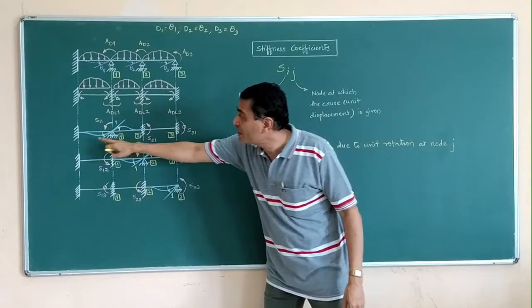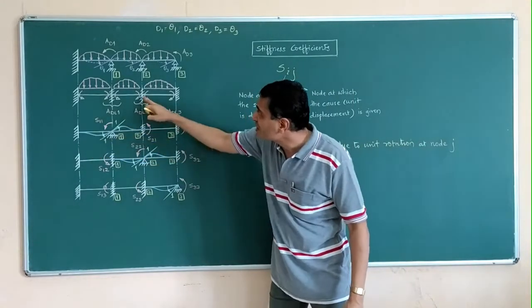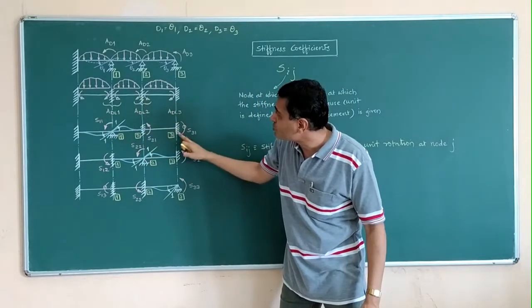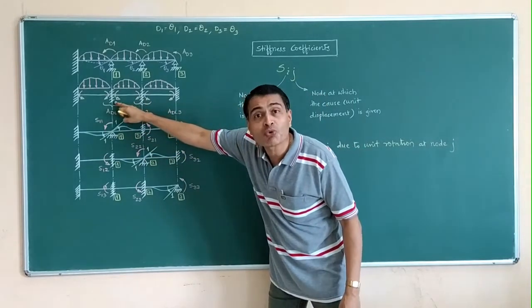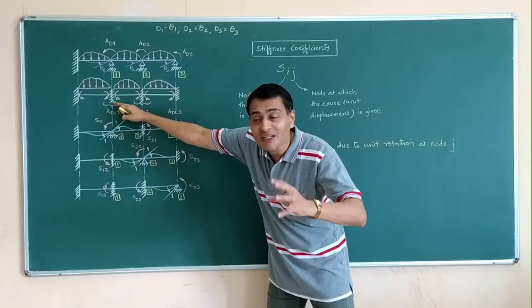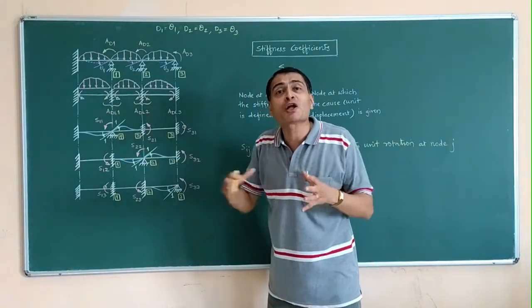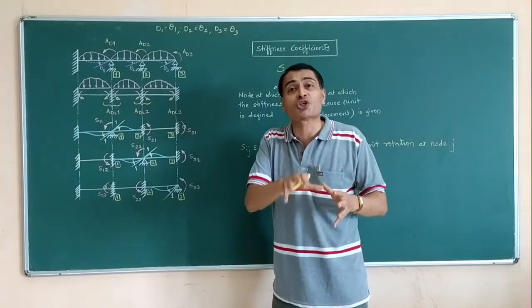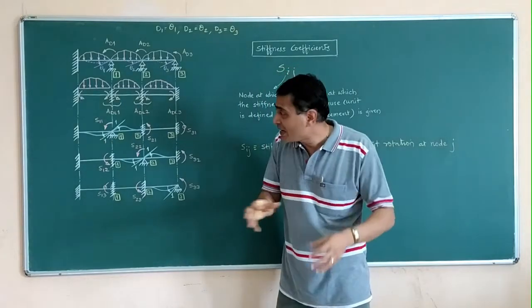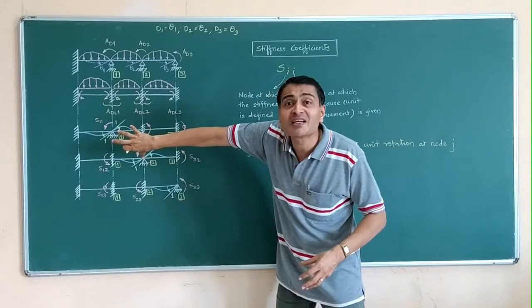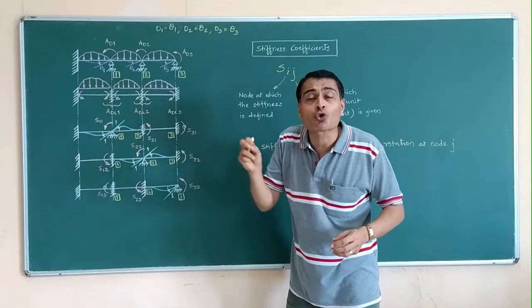So that is what I have shown here in my next drawing. See what have I done? This is fixed as it is. This is fixed. This is fixed. Only node 1, its fixity is replaced by a hinge, indicating that we are providing the facility of rotation. And then there I am imagining unit anti-clockwise rotation.